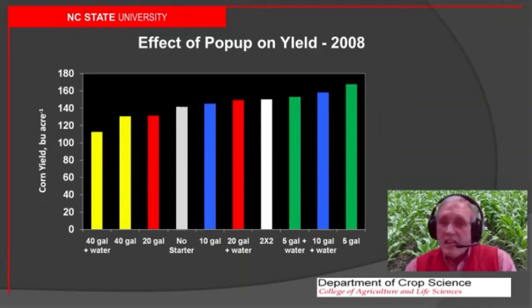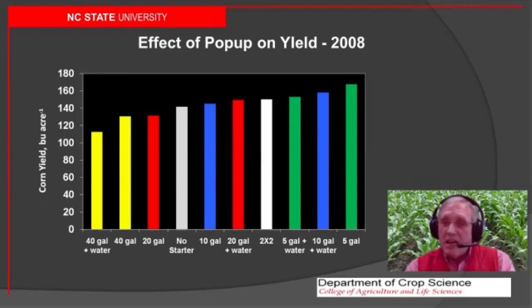The thing you look at here is yield. You'll notice that the 2x2 did have some advantage over the no starter. It was about 10 to 15 bushels advantage there. Now this was an organic soil.